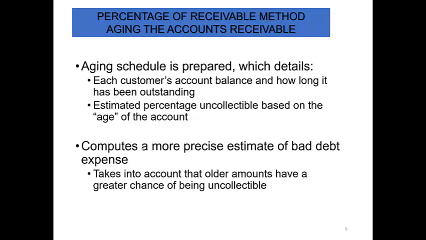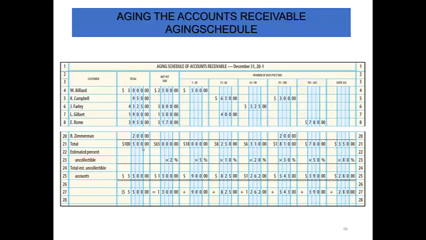So we're going to get a lot more precise estimate of our bad debt expense this way. It takes a little longer. Actually, the computers can generate it pretty quickly. But if you do it by hand, it takes a little bit longer, but we get a much more accurate estimate of what our bad debt will be.